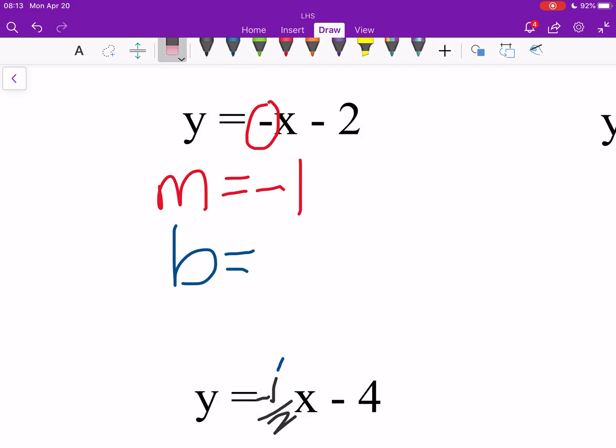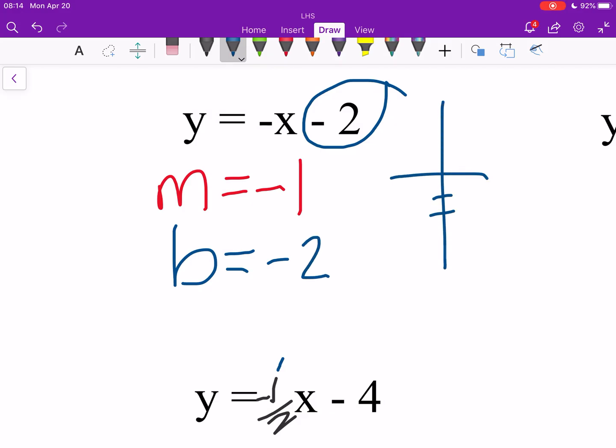Okay? And the y-intercept is the number that's just by itself with no variable attached to it. And notice I'm including the negative, so the y-intercept is -2. So in order to start graphing that, we'd go down to -2, make a point. I want to write that in coordinate form, and so my y-intercept in coordinate form is (0, -2).